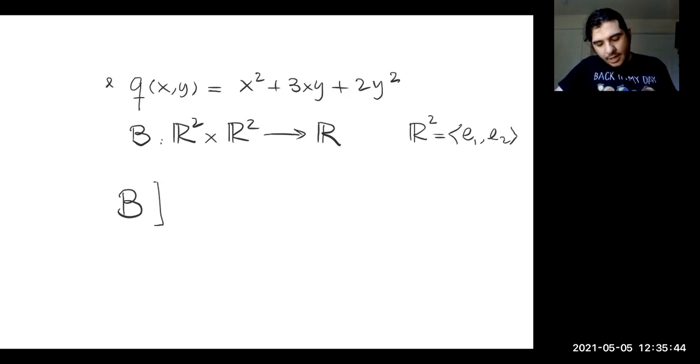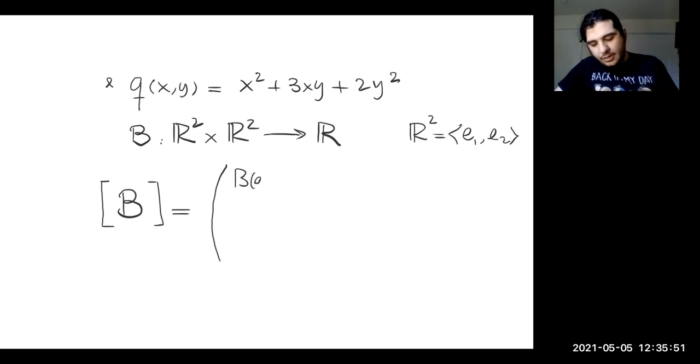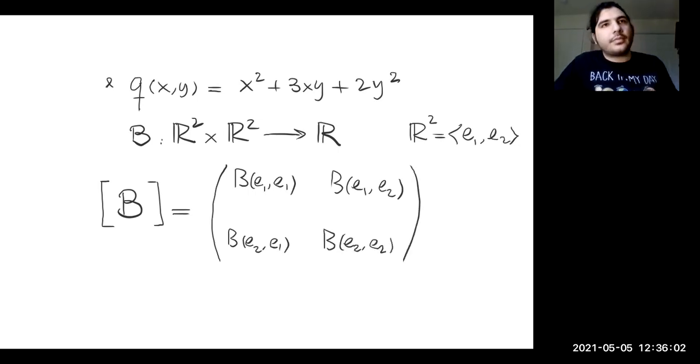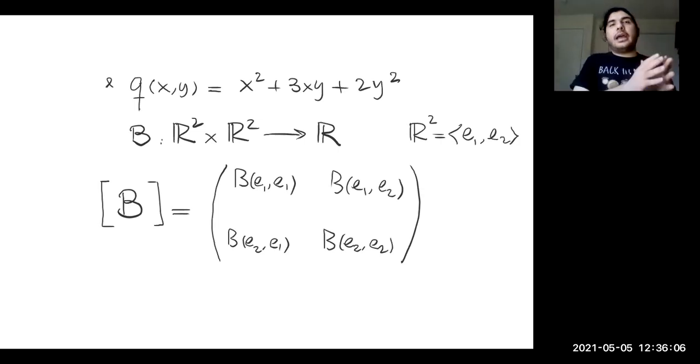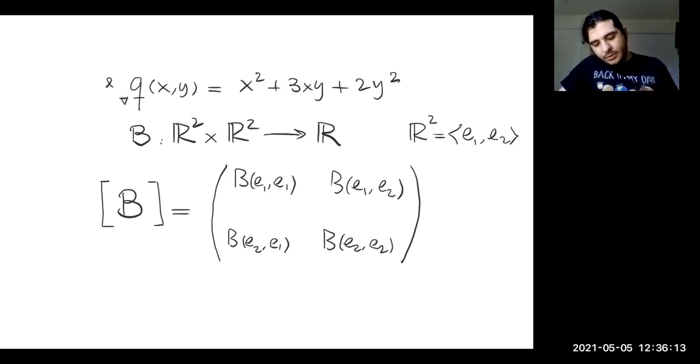So the matrix I would assign to this bilinear form in this given basis would be B of E1, E1 here, B of E1, E2 here, B of E2, E1 here, and B of E2, E2 here. Okay. Now, any bilinear form can be presented by a matrix. On the other hand, I'm saying you can construct that matrix when you have a quadratic form.